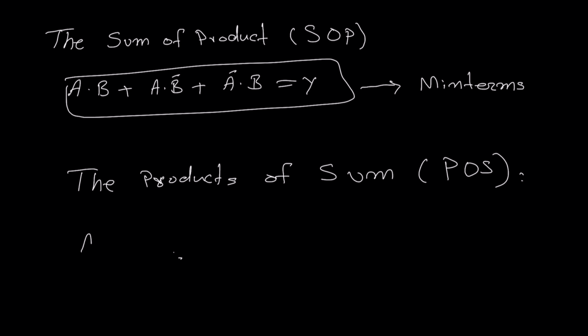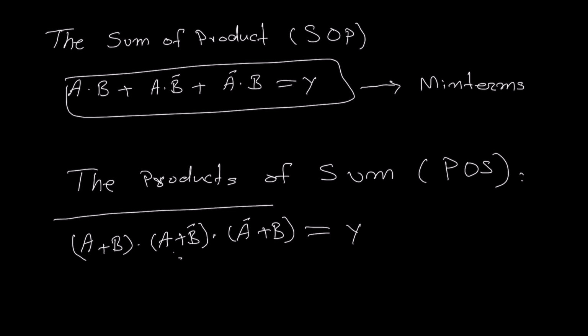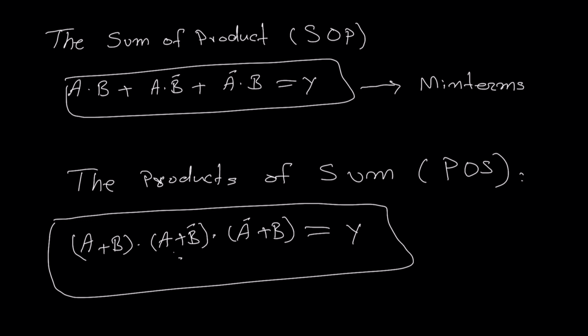If we use the same example, it will be A or B, ANDed with A or B naught, ANDed with A naught or B, gets the output Y. So this is a product of sum, and engineers, technicians and scientists usually call this a max term.